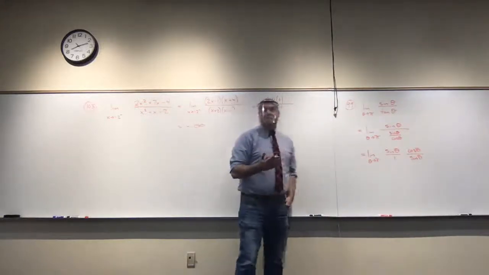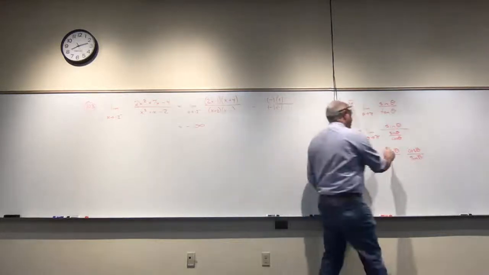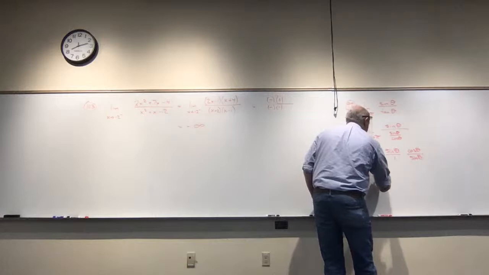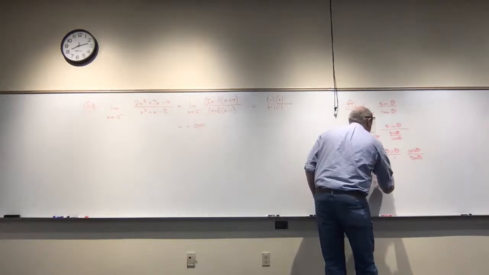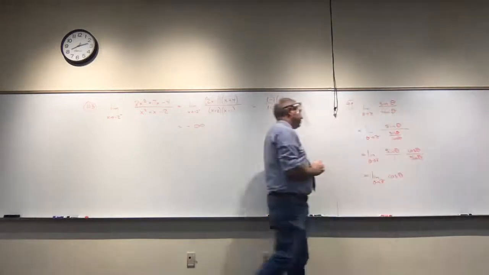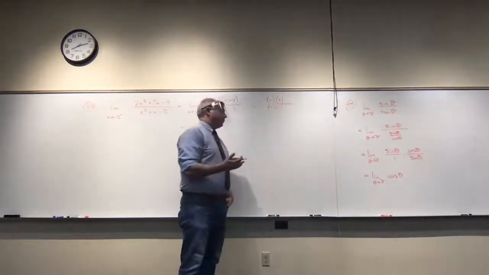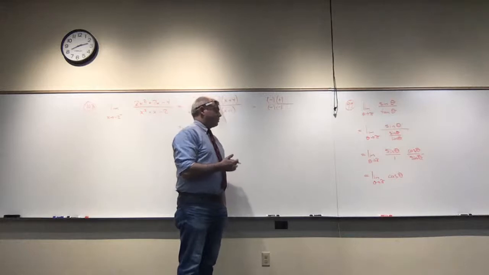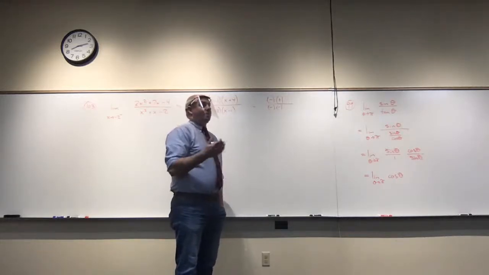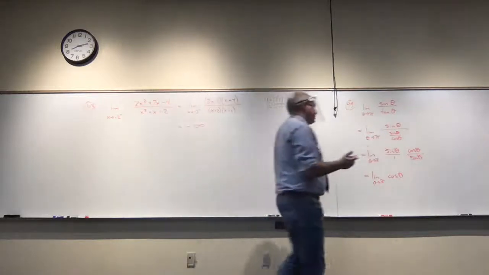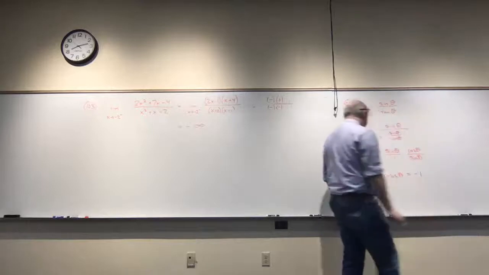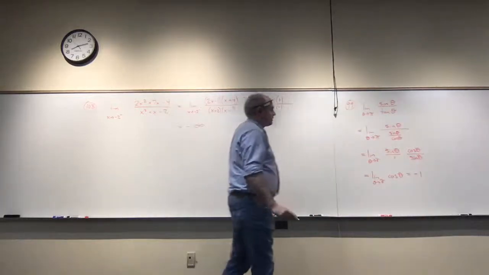And now we can cancel the sine thetas. We're just left with the limit as theta goes to pi of cosine of theta. And now we just need to know, what is cosine of pi? Cosine of pi is -1, right? So that's it.